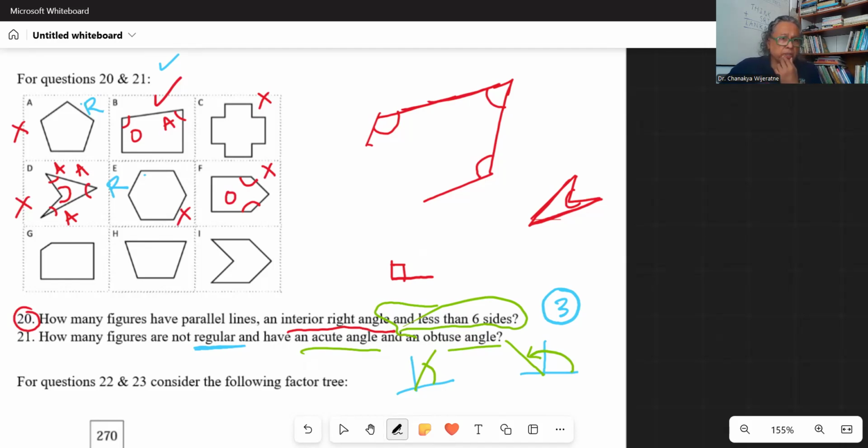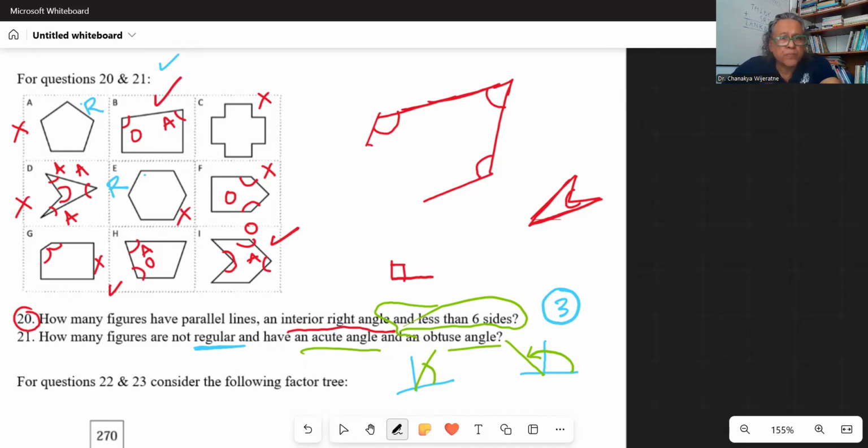And here we can see obtuse, but no acute angle, so we don't count this one. And acute, obtuse, so we count this one. So this is acute, obtuse, and this is reflex. But then we have to count this one, right? So there are three. Is that correct?